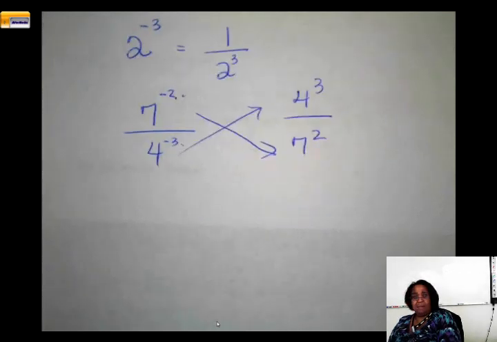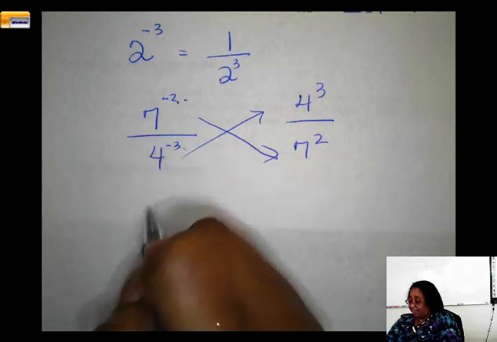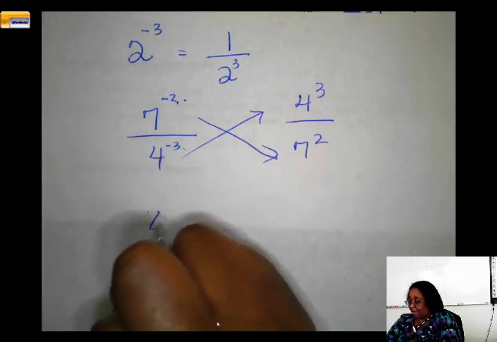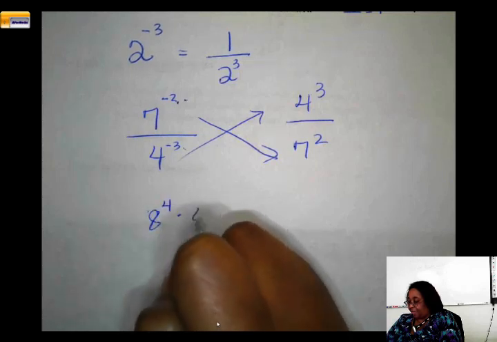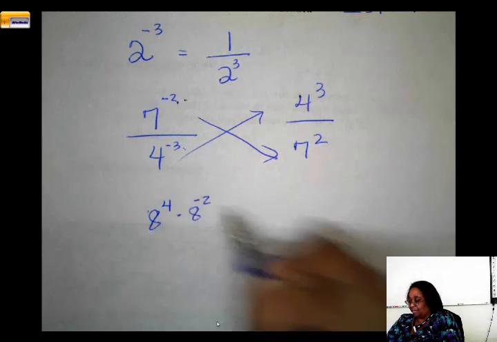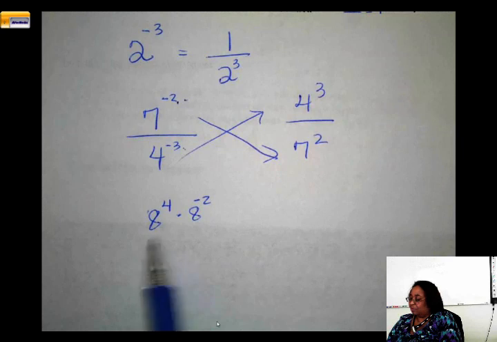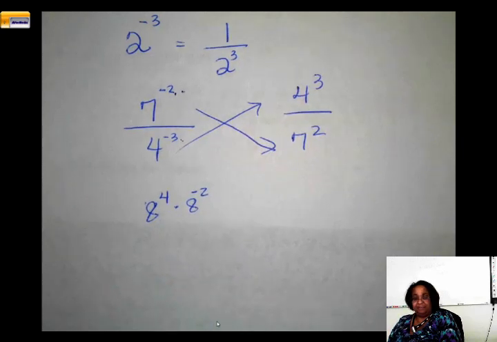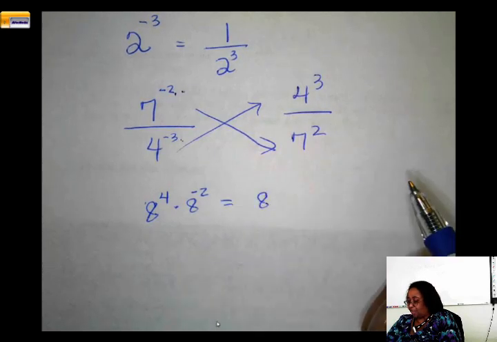You might even come across a situation where you're multiplying. Let's say you have 8 to the 4th power times 8 to the 2nd power. I'm sorry, let's make it negative 2 power. Now, what was it we were supposed to do if the base is the same? What's the product rule? I write down the base, and then I'm supposed to add the exponents.